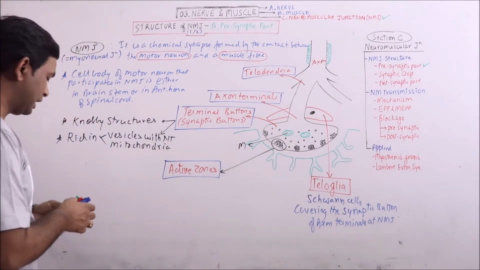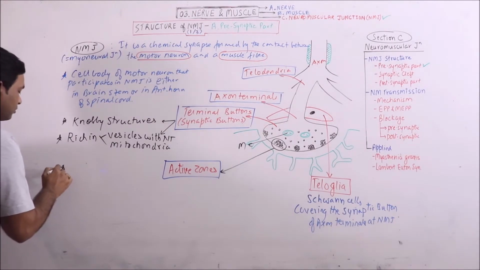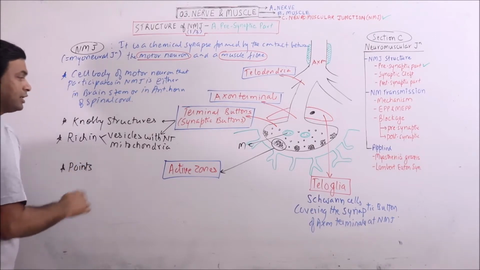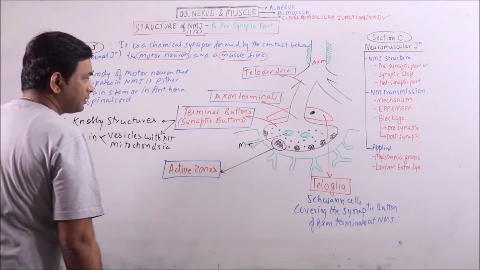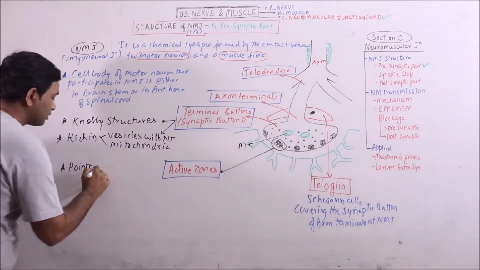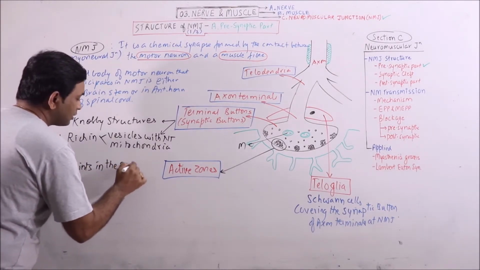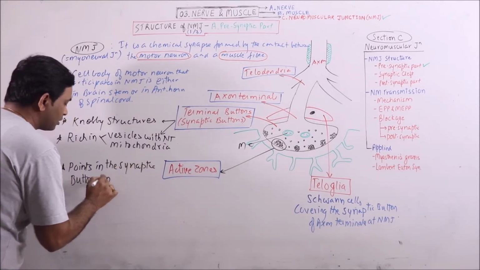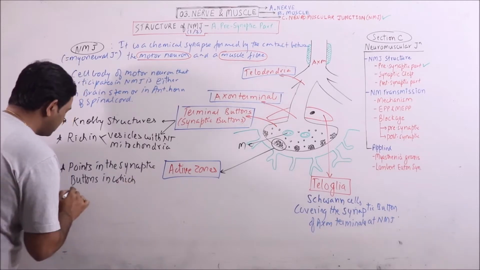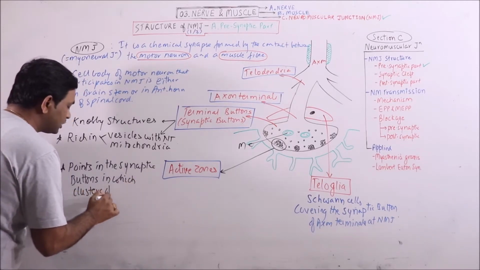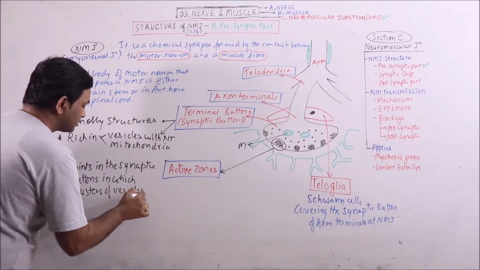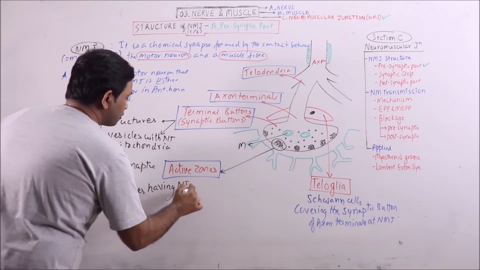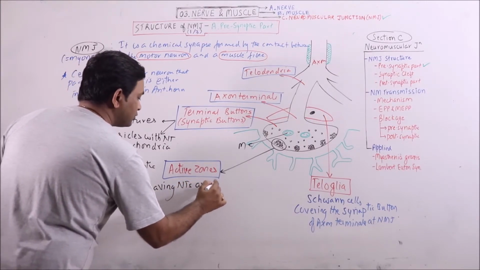These active zones are basically specific points or regions in the synaptic buttons in which clusters of vesicles having neurotransmitters are observed.